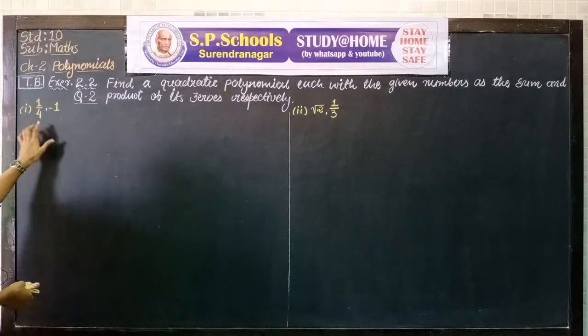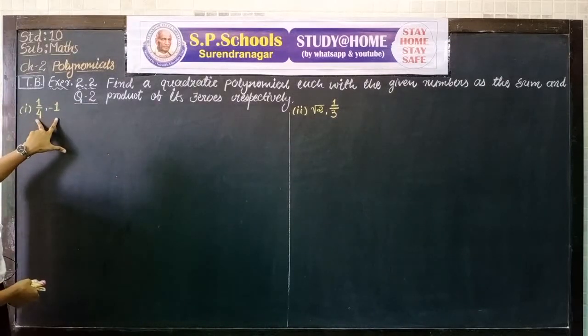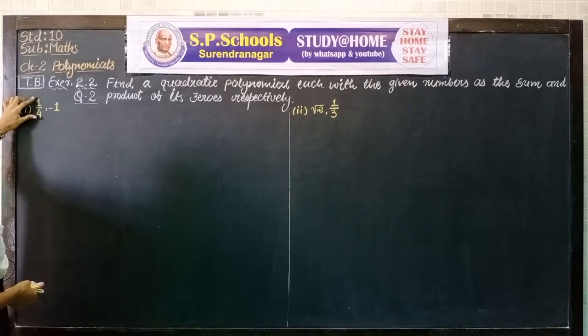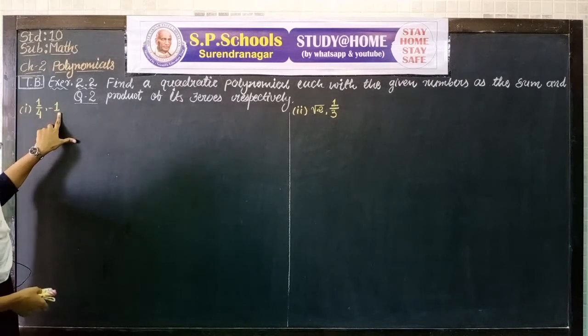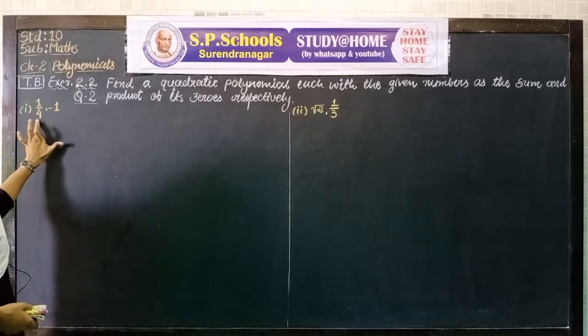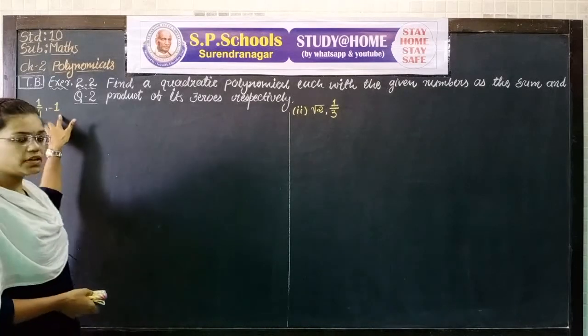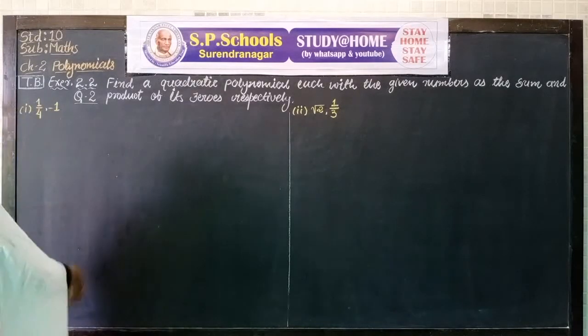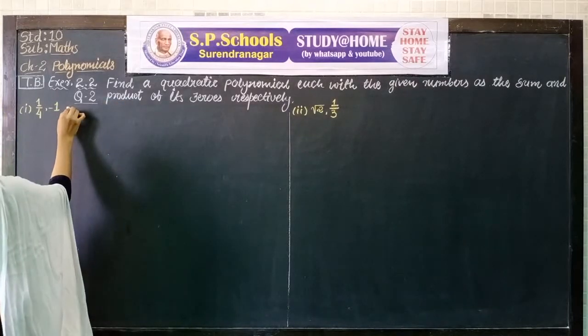See the first one. In the first one, two numbers are given. One number is 1 upon 4 and the second number is minus 1. The first number is called the sum of zeros and the second number is called the product of zeros. It is for our convenience.